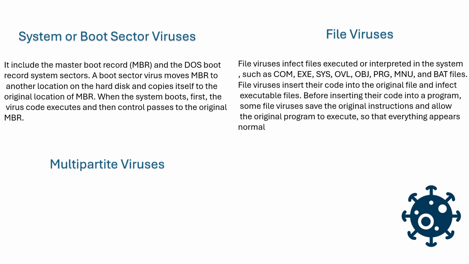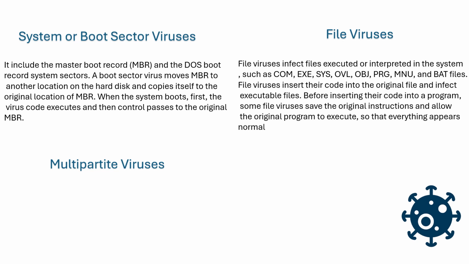Suppose we have any exe file, for example system.exe, or let's take the example of a tool like chrome.exe, or any specific document. So these are the kind of files.